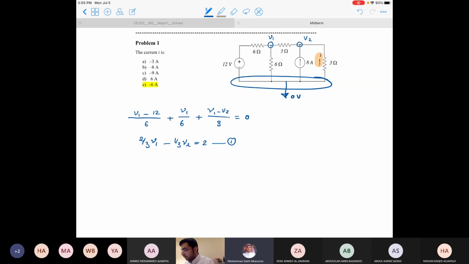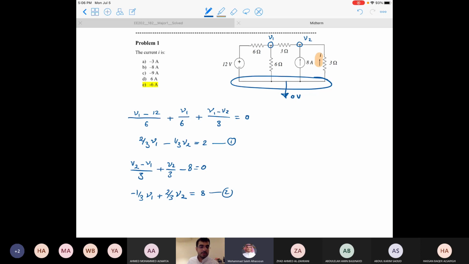Let's apply the node voltage method to node 2: (V2 minus V1) divided by 3 plus V2 divided by 3 minus 8 equals 0. If I simplify it, I end up with minus 1/3 V1 plus 2/3 V2 equals 8.